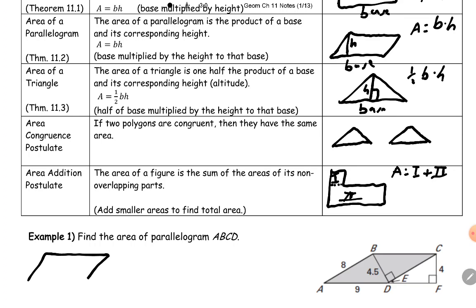So I'm going to redraw it. I say that this piece is 8, this piece is 9. And then over on the side there, they have a height of 4. So area of a parallelogram is just base times height. So 9 times 4, which is 36.